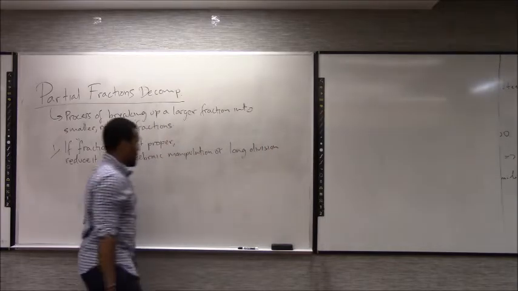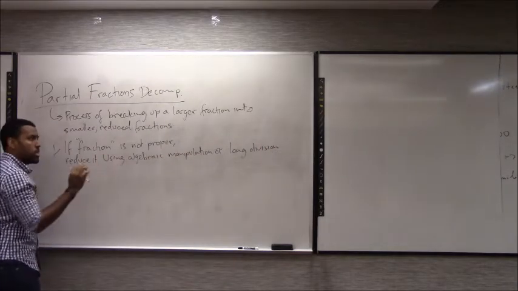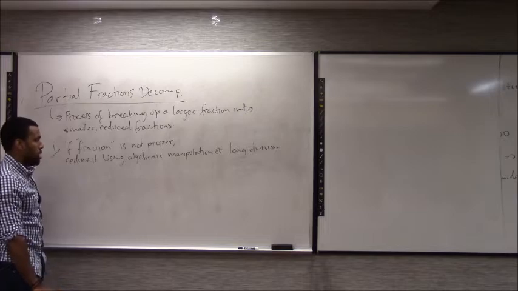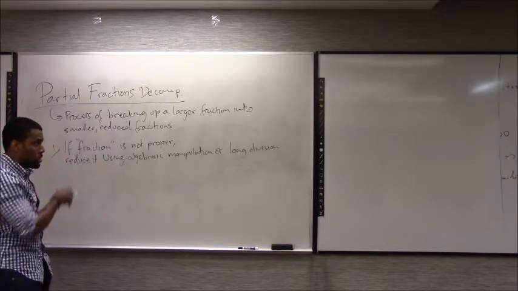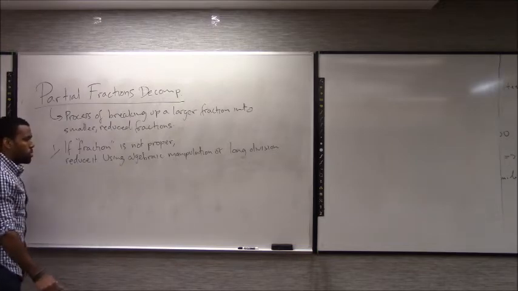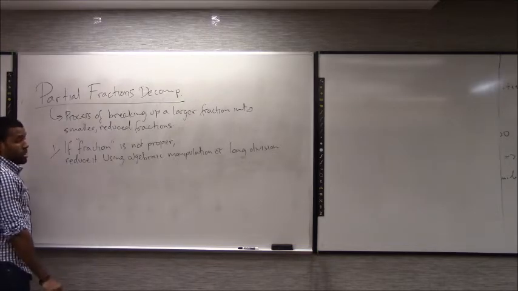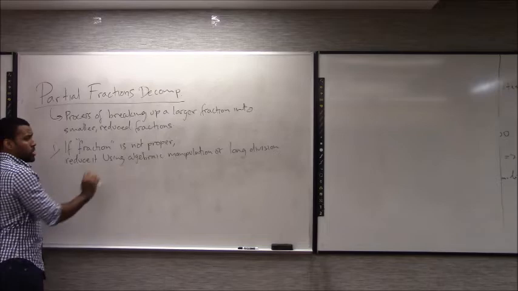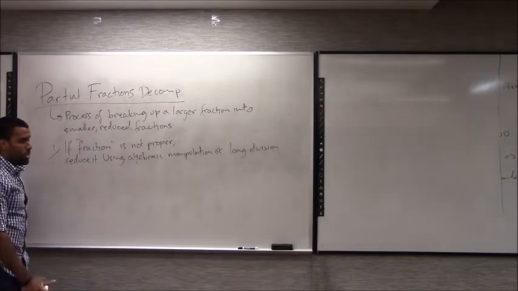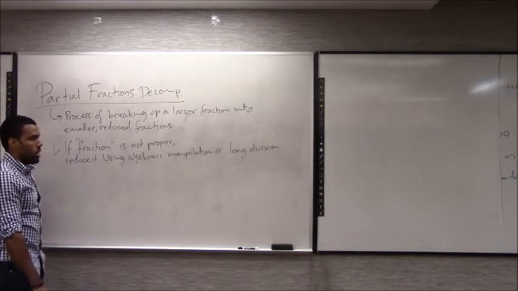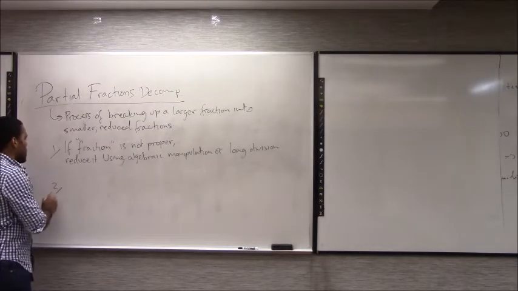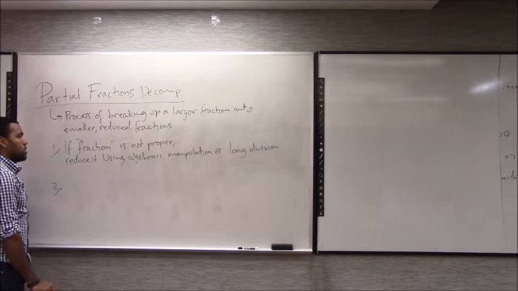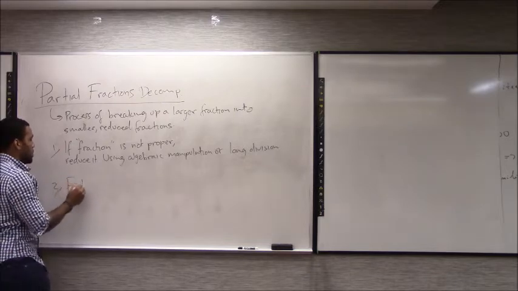Proper means the highest power on the top should be smaller than the highest power on the bottom. If the highest power on top is greater than or equal to the highest power on the bottom, you have to reduce it before partial fractions can be done. And sometimes after reducing it, partial fractions might not even be necessary because you'll be able to deal with the thing as manipulated. The second thing you'd have to do is factor the denominator.